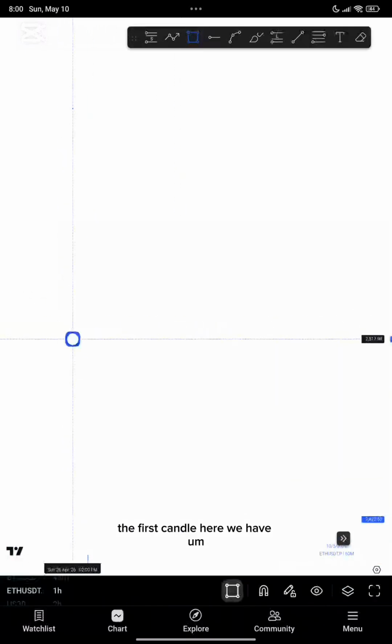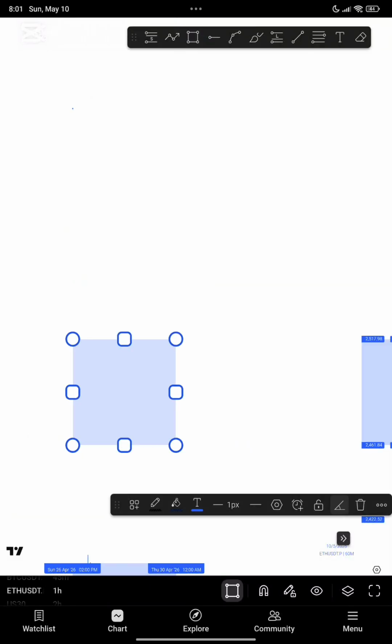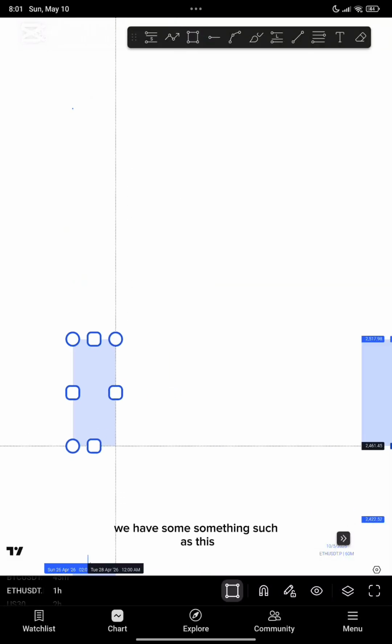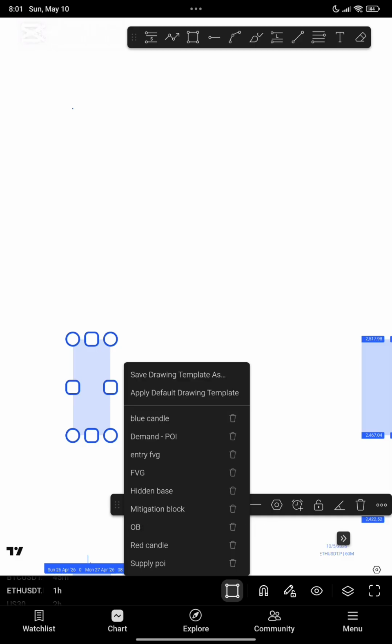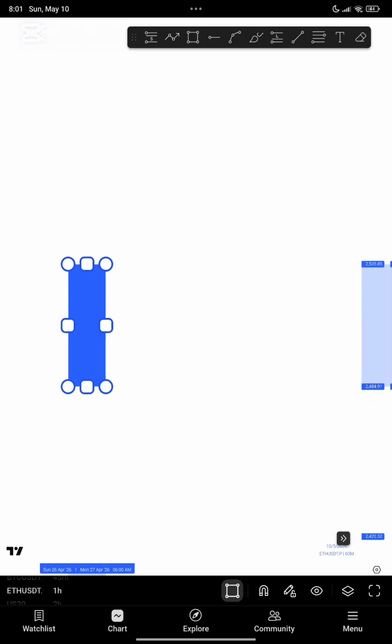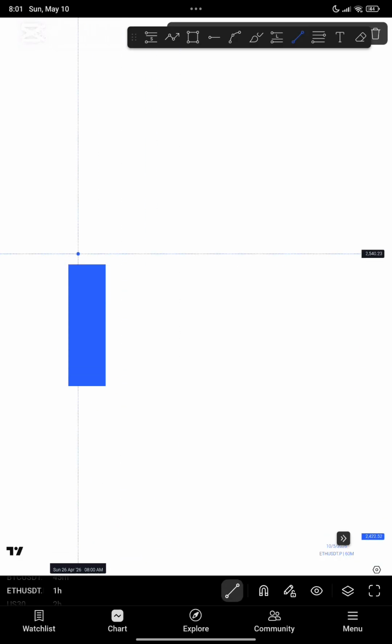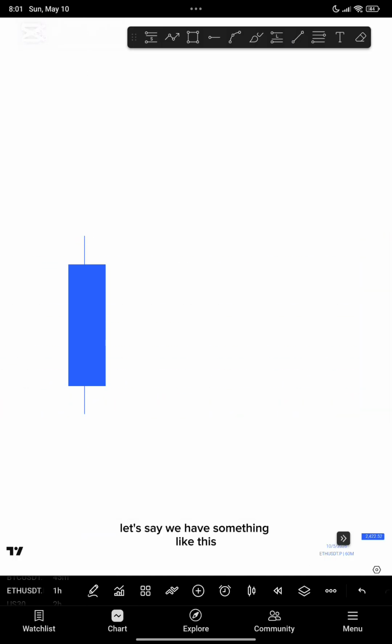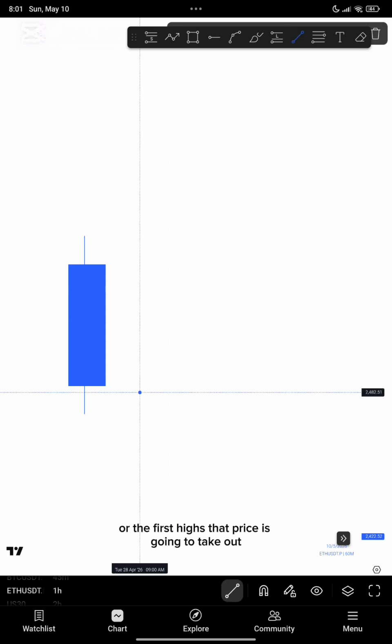So let's say the first candle here, we have something such as this, the red candle and the blue candle. Your short-term draw on liquidity will be the first low or the first high that price is going to take out.